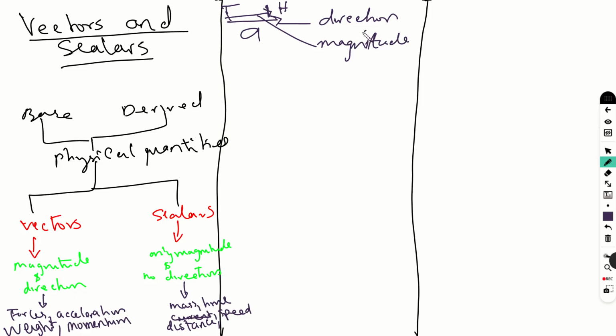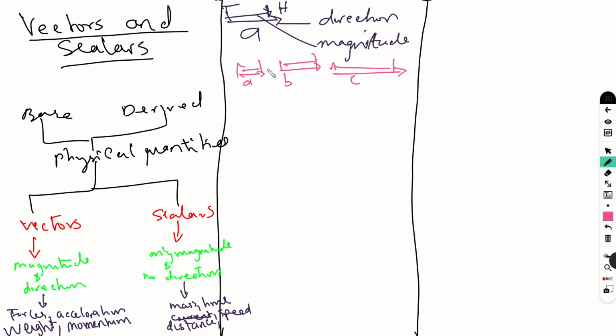Now, if the length is bigger, for example, if I have three vectors like this, A, B and C, all of them are moving in the same direction, but their magnitude is different because their lengths are different.